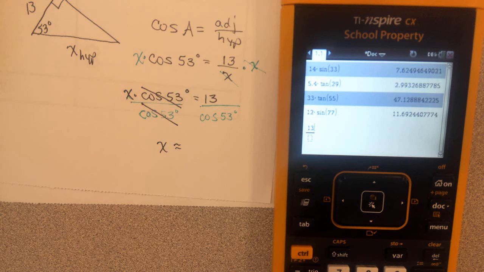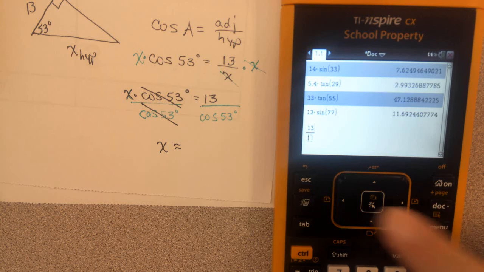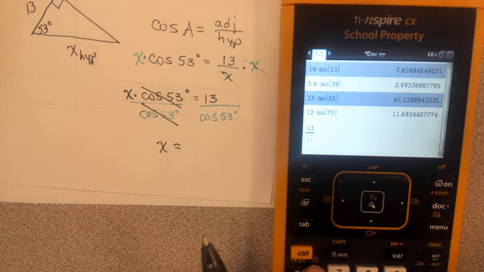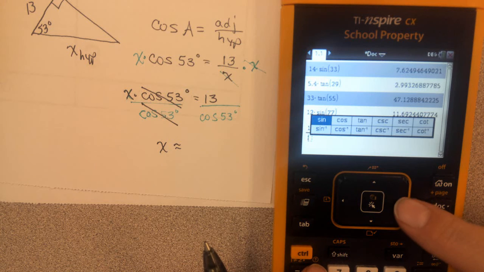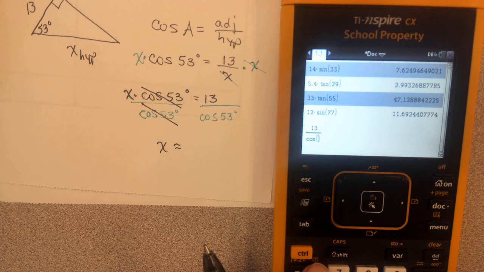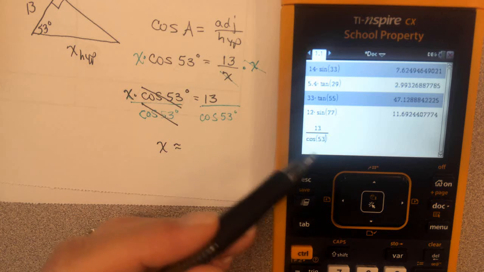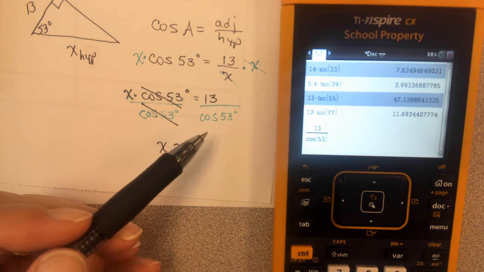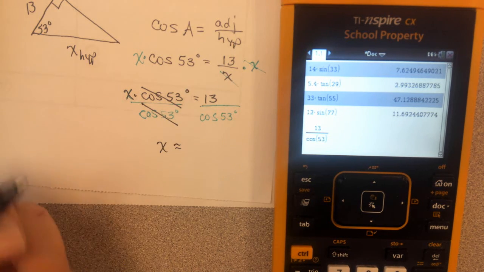And then 13 on the top, arrow down, and go get your cosine command in your trig menu. So paste in a cosine and then put a 53 in for your angle. If it looks on the calculator the same as it looks on paper, you can't mess it up unless you set it up on paper wrong. Okay?